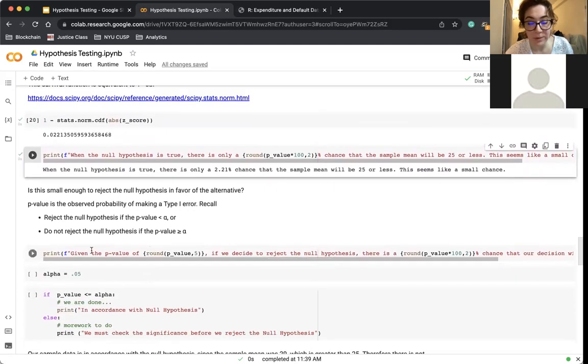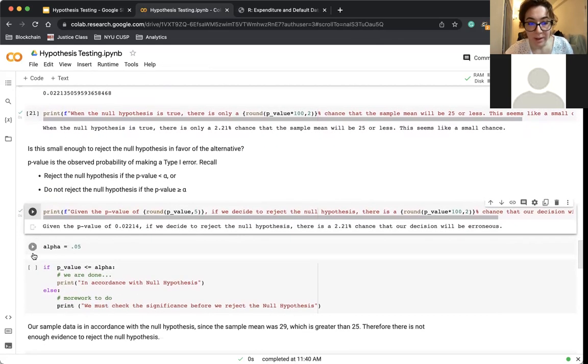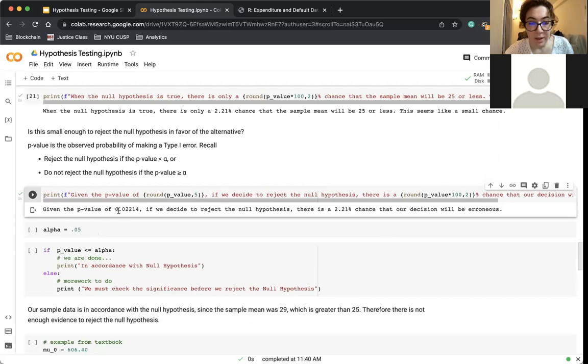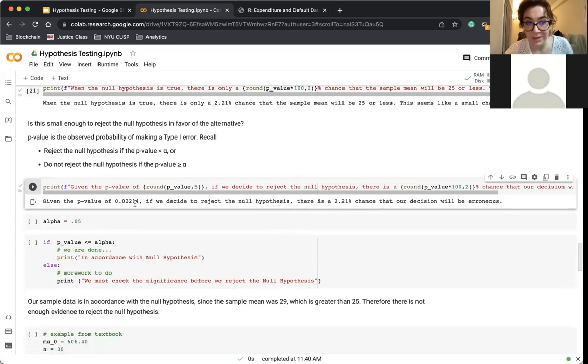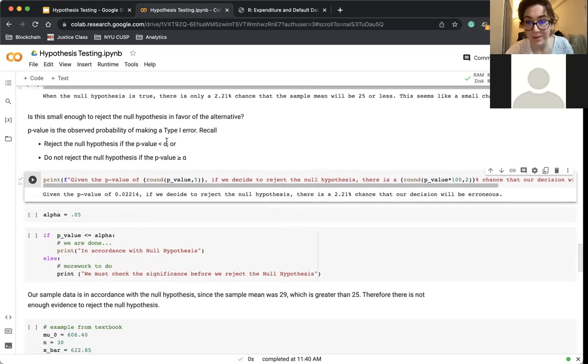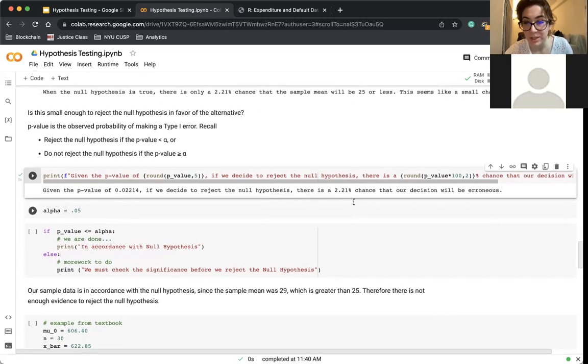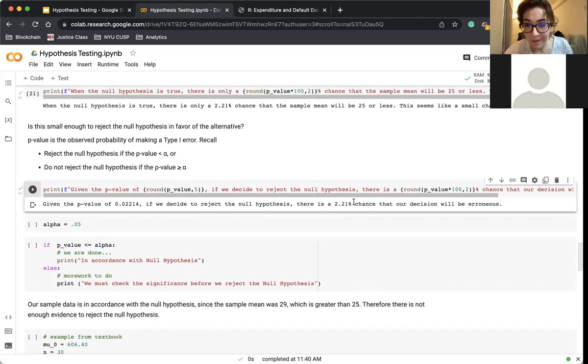And now we use our p-value against our alpha, and our p-value being what we just calculated, this brings it back to our type 1 and type 2 errors. If we decide to reject the null hypothesis, there is this 2.21% chance that our decision is erroneous.